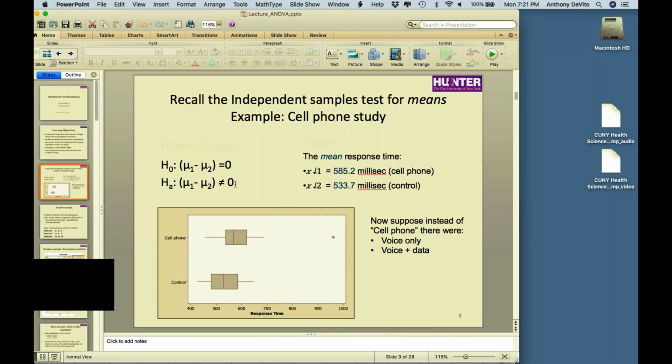Now, just to remind ourselves, this is known as a two-sided t-test. There are one-sided t-tests and there are two-sided t-tests. The reason this is a two-sided t-test is that when we plan to reject the null hypothesis, we don't pre-assume whether the mean of group 1 is greater than group 2 or group 2 is greater than group 1.